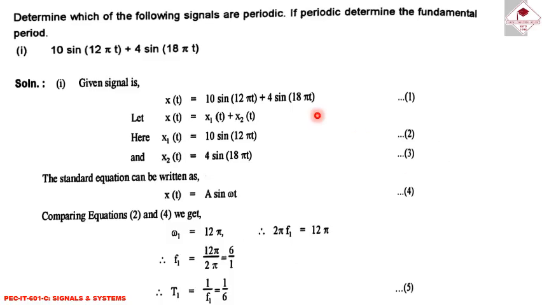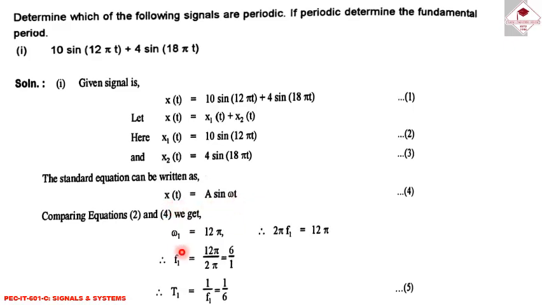Let us take another example. Determine which of the following signals is periodic. If periodic, determine the fundamental period: 10 sin 12 pi t plus 4 sin 18 pi t. So the given signal is x(t) equal to 10 sin 12 pi t plus 4 sin 18 pi t. x(t) is again written as x1(t) plus x2(t), where x1(t) is 10 sin 12 pi t and x2(t) is 4 sin 18 pi t, and x(t) is equal to A sin omega t.